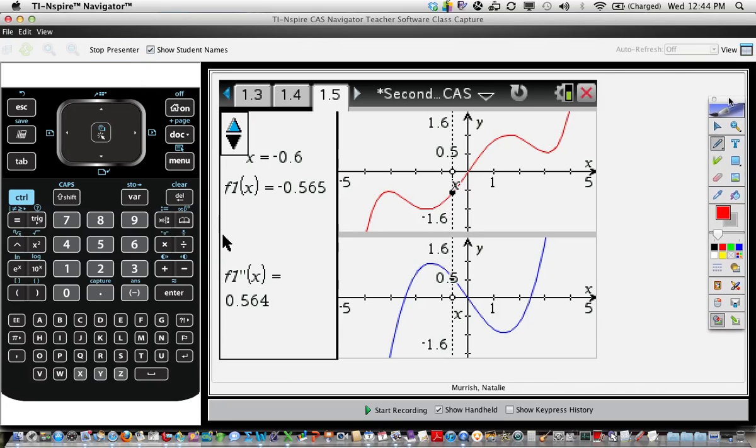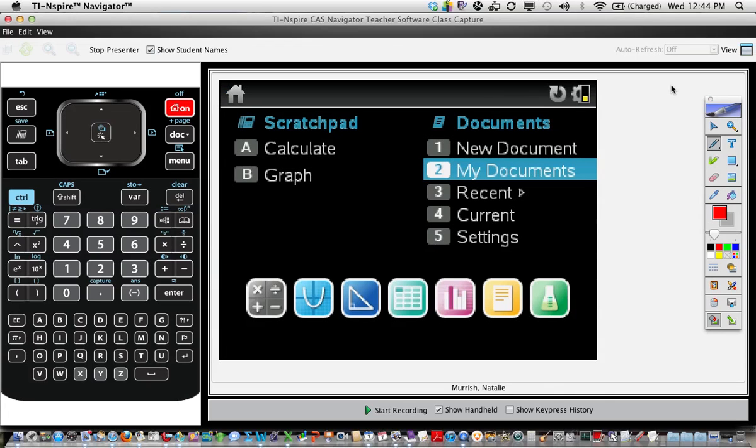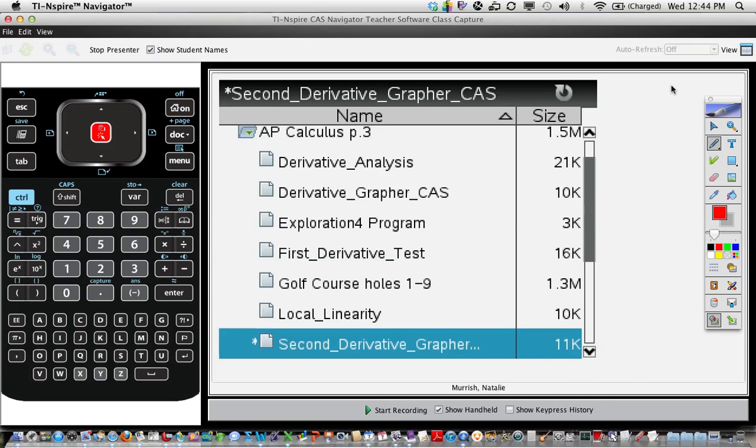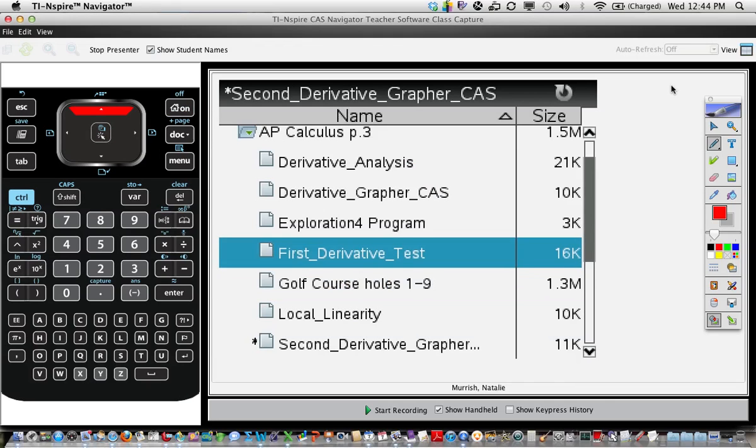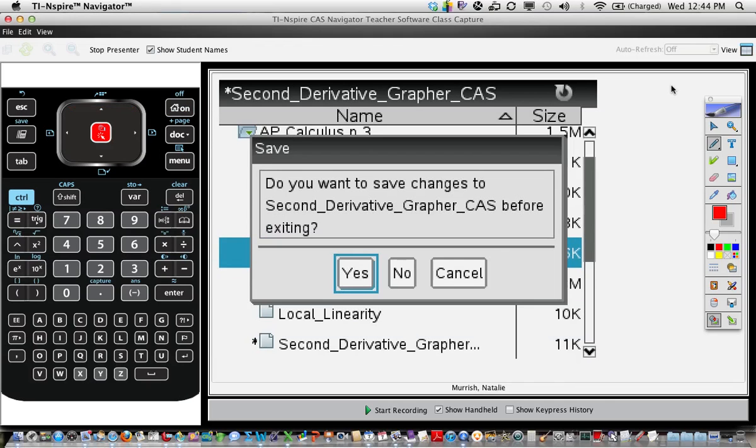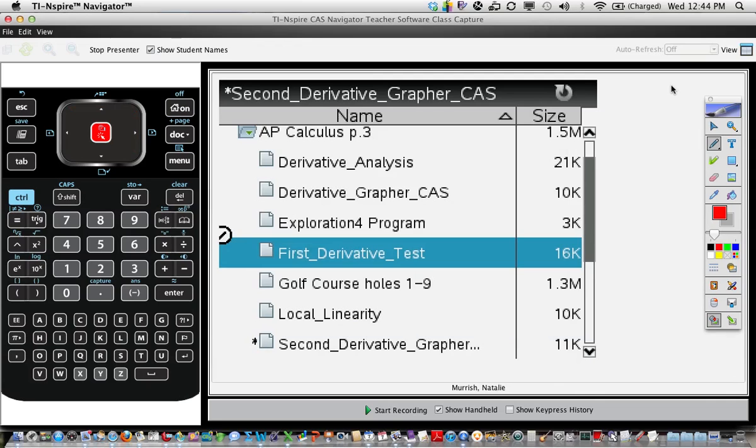So, get out of that and go to the home screen. We don't need to save it right now. And go to your documents, and let's open up the first derivative test one from yesterday. Everybody's got that, right? All right, first derivative test. Zach, I believe it's on. Okay. Now, you can follow along or not follow along, whatever.